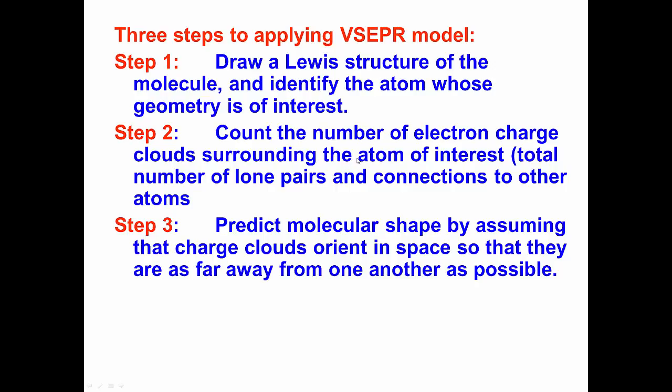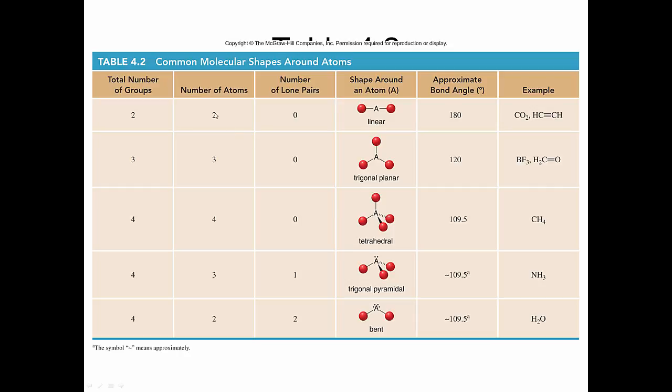That includes the lone pairs and the bonding. So an electron charge cloud can be a bond, or it can be a lone pair of electrons. And then we predict the molecular shape by assuming that the charge clouds orient in space so that they are as far away from one another as possible.